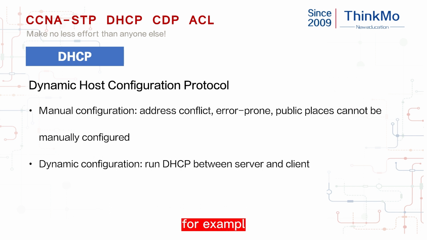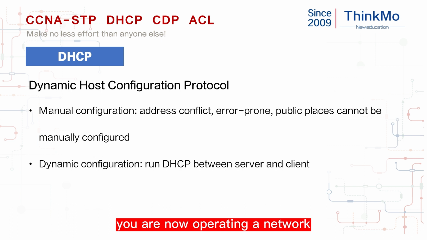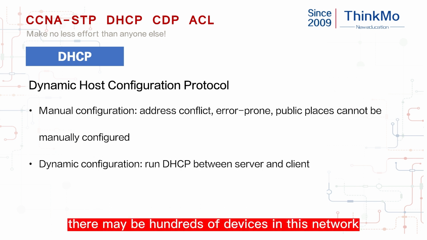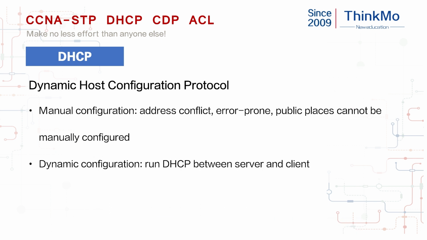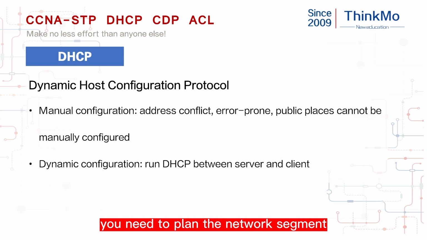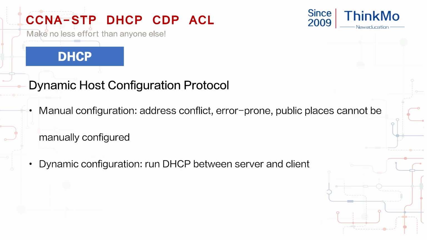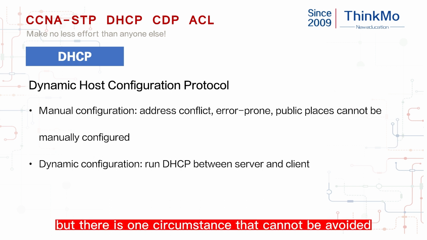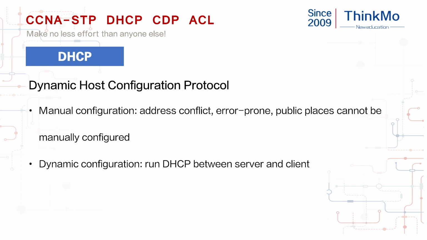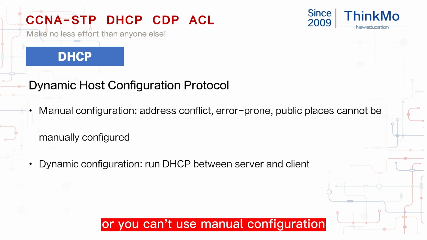For example, you are now operating a network. There may be hundreds of devices in this network. You need to plan the network segment. You also have to remember who used each previously assigned address. You can't assign duplicates anymore. Otherwise, address conflict. It's easy to go wrong. It can be avoided. But there is one circumstance that cannot be avoided, or where you can't use manual configuration.